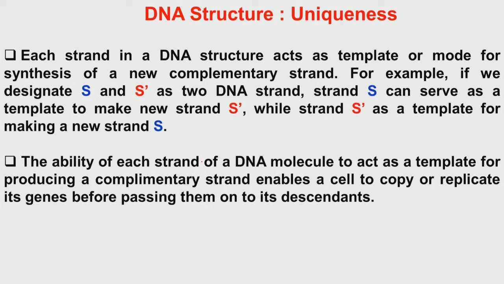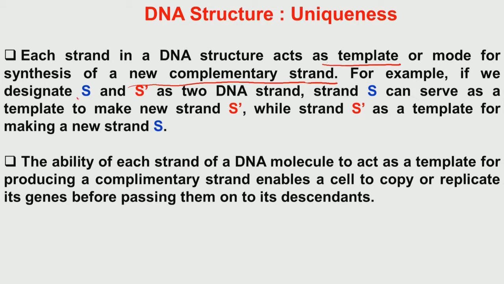So, there are certain uniqueness of the DNA structure which has been summarized here. Each strand in a DNA structure acts as a template, as I told you, that helps you synthesize a new complementary strand.